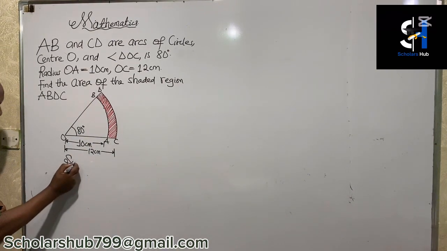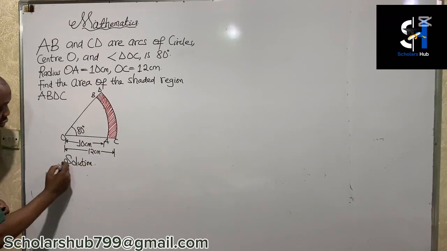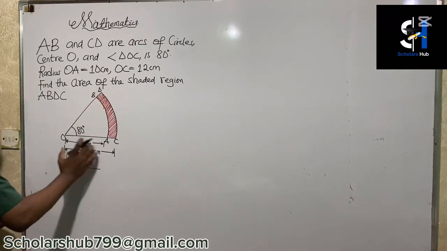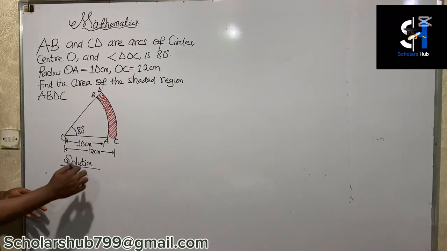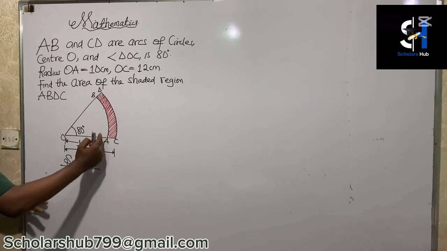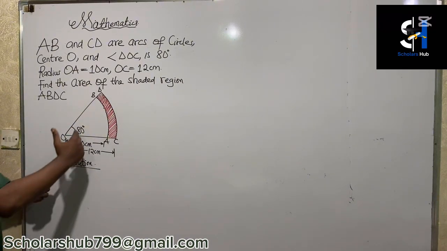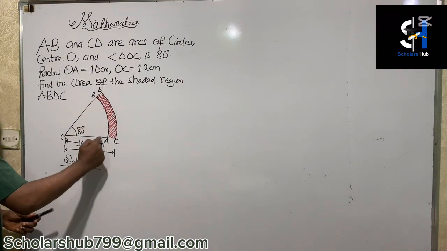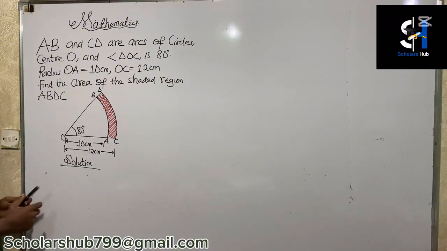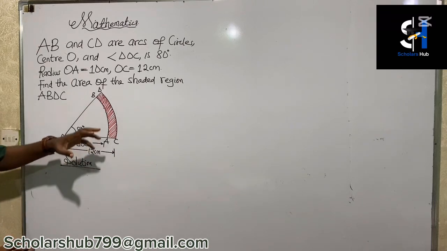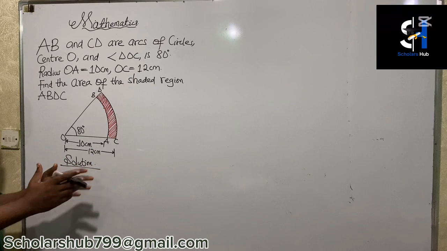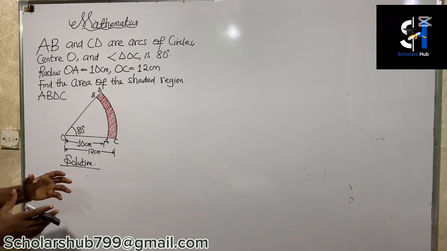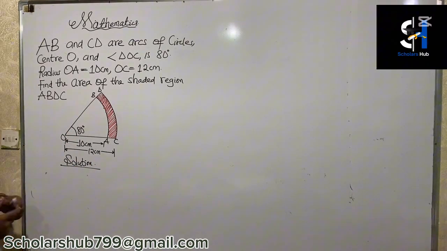All we need to do is, first, get the area of the bigger sector. We have two sectors here. This is an arc, and this is also an arc. OAB is a sector, and a sector depends on the central angle, the angle subtended at the center by the two radii from the center of a circle.